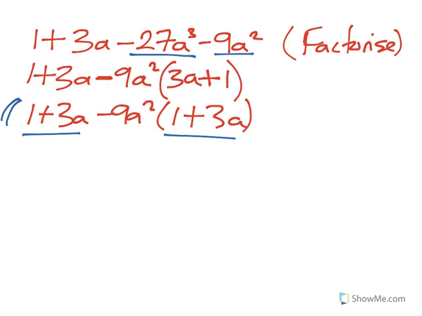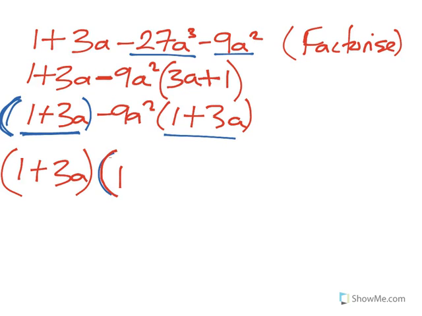If you take out 1 plus 3a outside, what you're going to be left with in the first case is a 1. In the second, you're going to have a minus 9a squared.